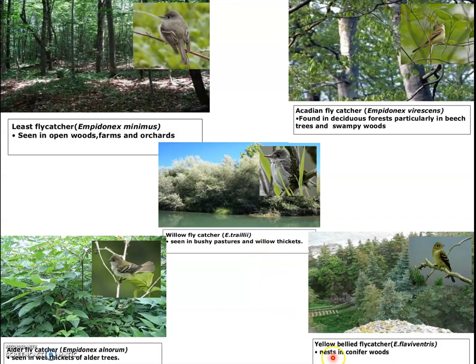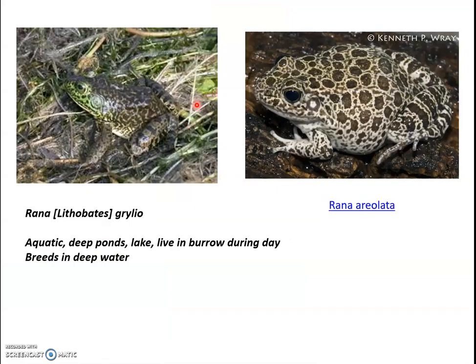Some need coniferous woods, and some flycatchers are seen in the alder trees. Since they prefer different types of habitat, the flycatcher which occupies one type of habitat cannot go in search of a mate in another type of habitat. So here also the habitat preference is acting as a barrier.